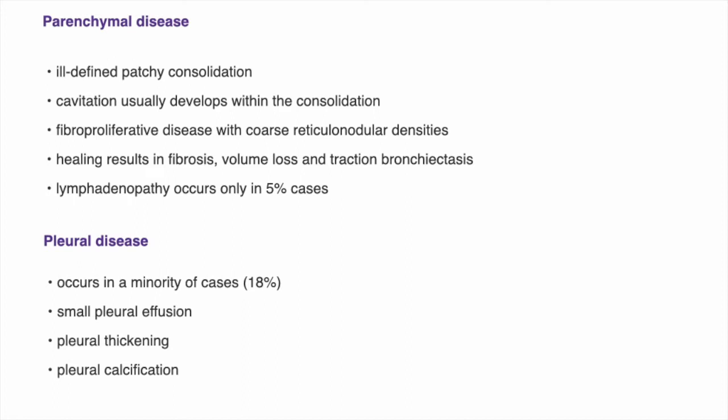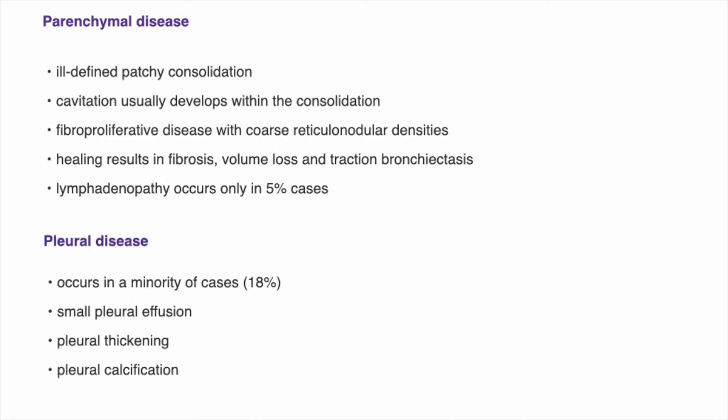In the parenchyma, it produces ill-defined patchy consolidation. It also produces cavitations, which develop within the consolidations. The healing of these lesions results in fibrosis, which leads to bronchiectasis and atelectasis.